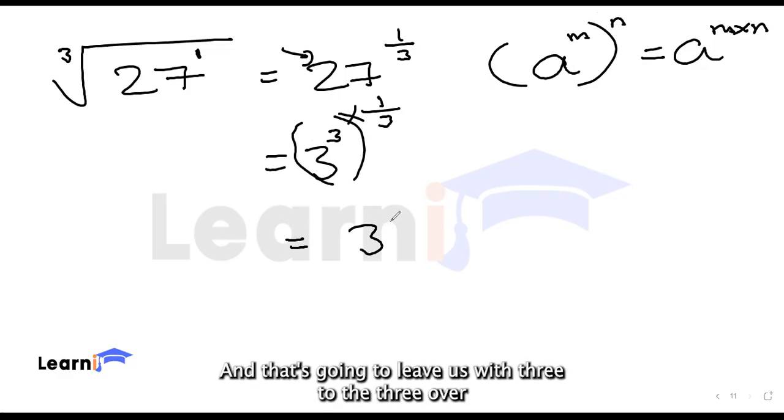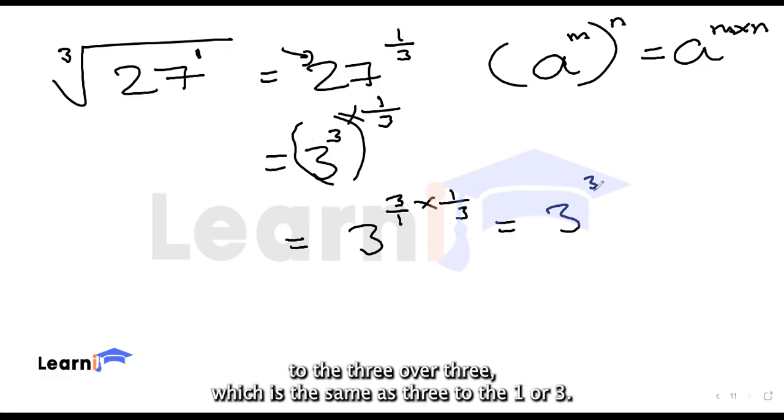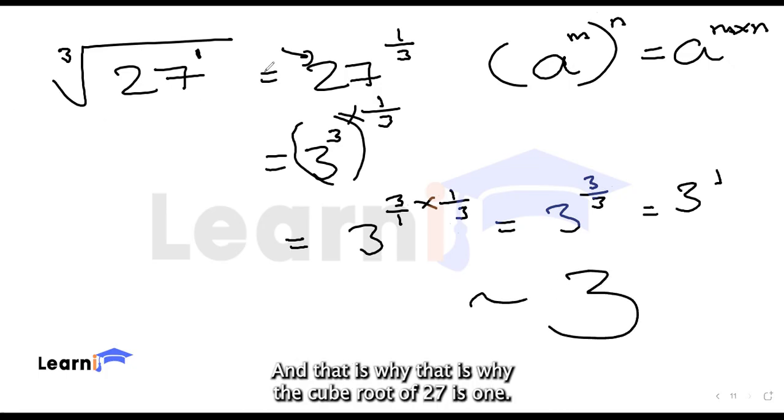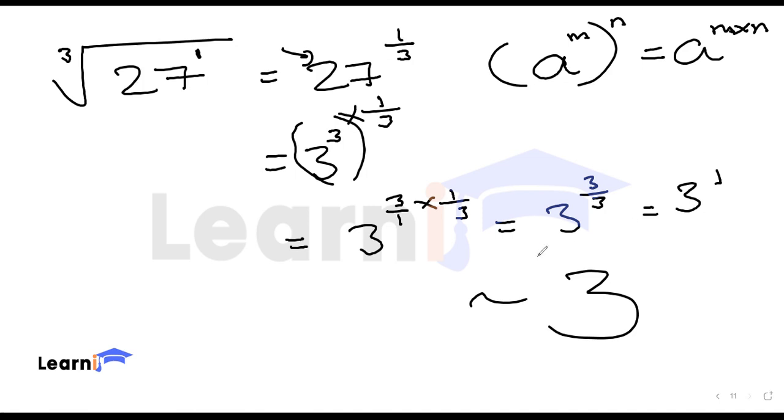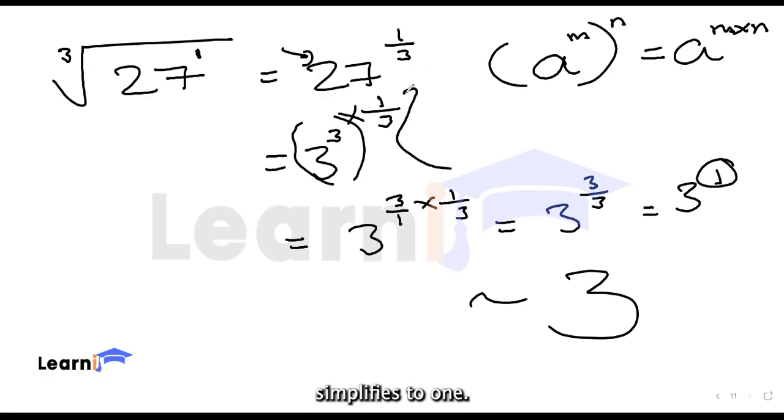That's going to leave us with 3 to the 3 over 1 times 1 over 3, which is the same as 3 to the 3 over 3, which is the same as 3 to the 1, or 3. And that is why the cube root of 27 is 3, because this exponent, using this law, simplifies to 1.